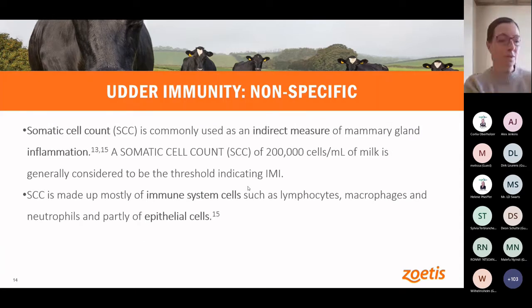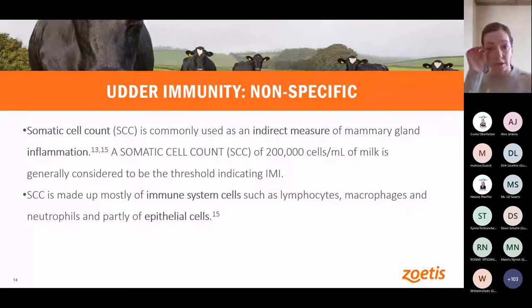Right, so when we talk about somatic cell count, what that actually is, is an indirect measure of mammary gland inflammation. Somatic cells are mostly made up of immune system cells, such as lymphocytes, macrophages, neutrophils, and then partly epithelial cells. So in broad terms, it's made up of white blood cells and epithelial cells.